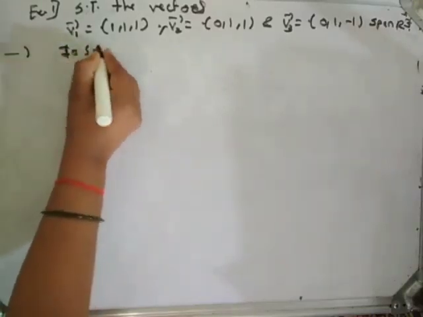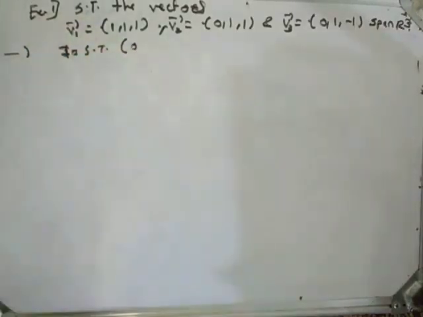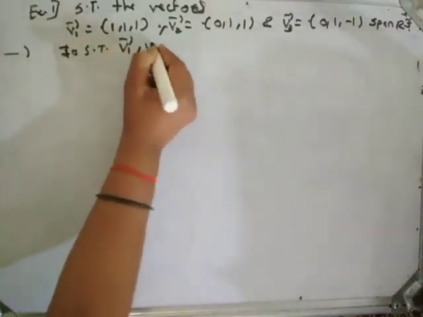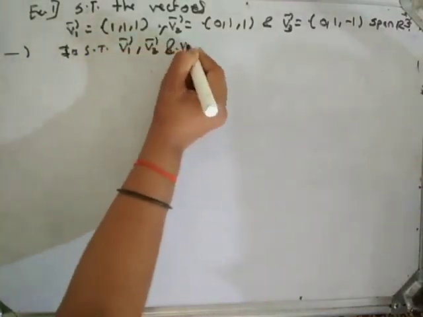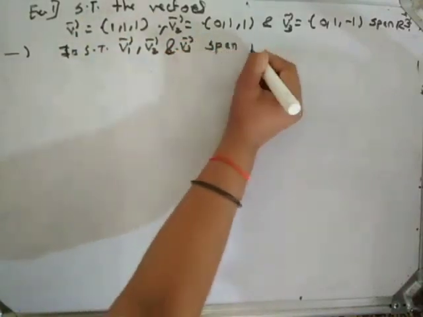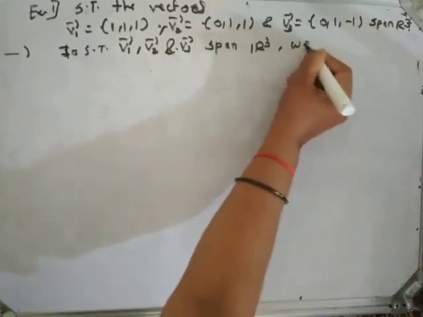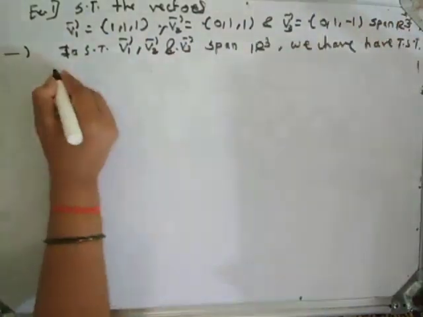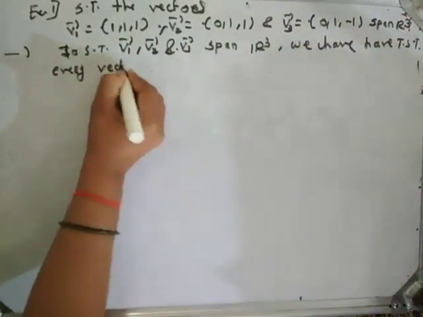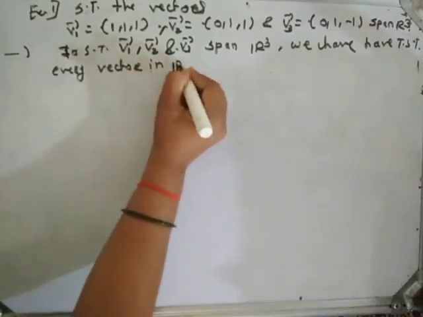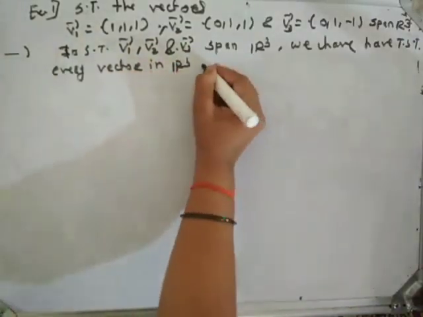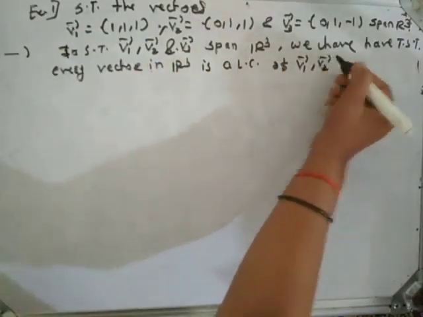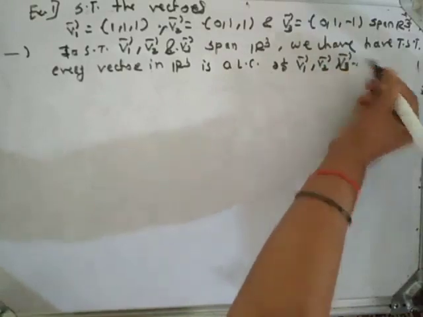To show that V1 bar, V2 bar and V3 bar span R3, we have to show that every vector in R3 is a linear combination of V1 bar, V2 bar and V3 bar.